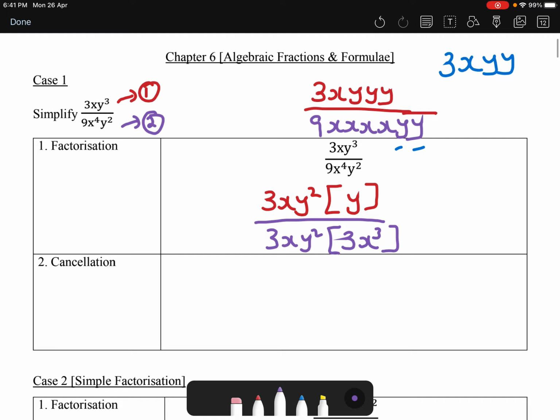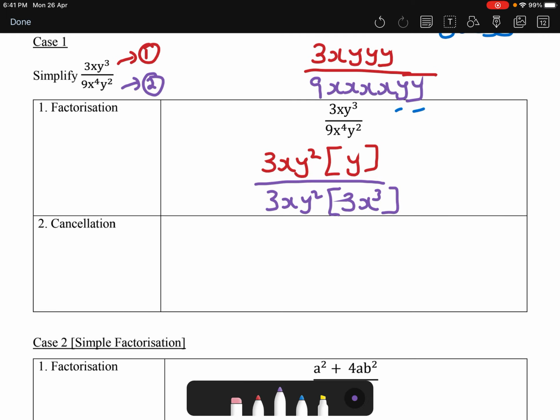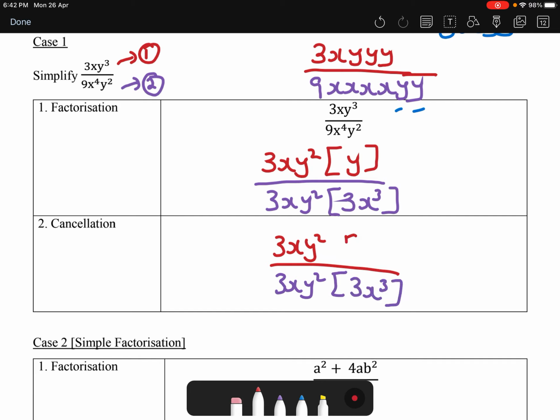The next thing you need to do is cancel the common thing, which is the 3xy squared and 3xy squared. Then after that you just cancel. What is left is only y divided by 3x cubed.